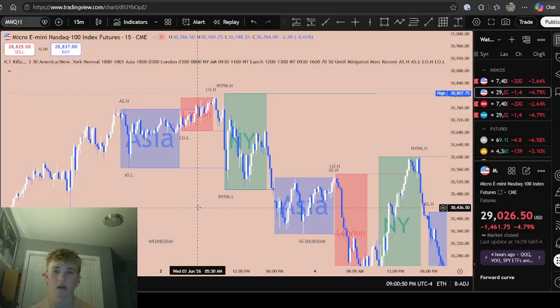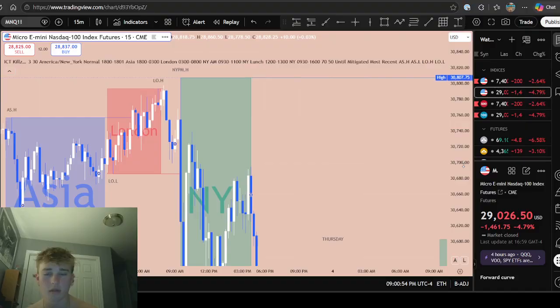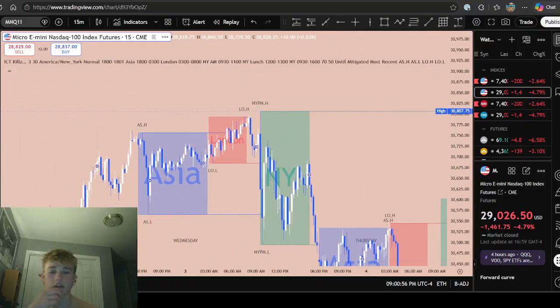I just want to go over this real quick. Let's take this one for example. One thing I do want to mention is that, with what I've been seeing, more often than not, New York will sweep out London highs or Asia highs, mainly London highs because that's what came right before.